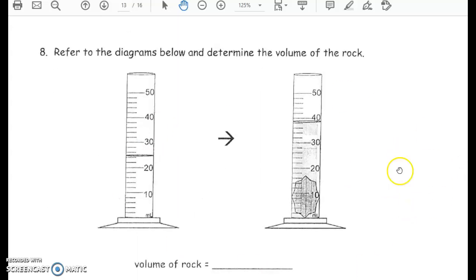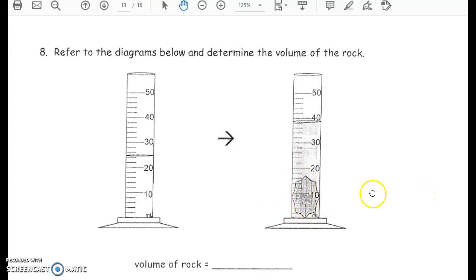8. So this is that practice from number 7. If we start here, we start with approximately 24 milliliters, and we put the object in. See, here's our rock.